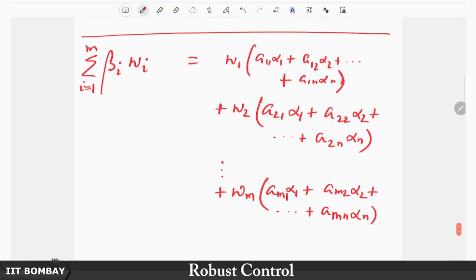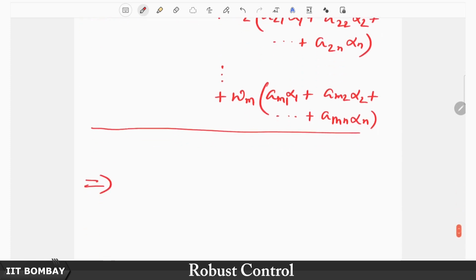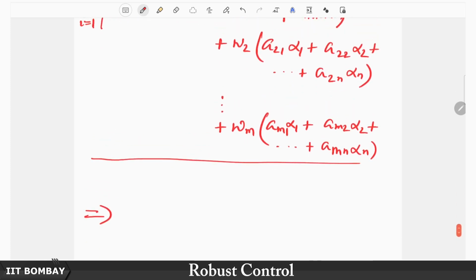And now, because this set W1 through Wm is linearly independent, I can just write from this that if I bring every term to the left hand side of this equality, then I have a linear combination of terms like W1, W2, W3 such that it yields 0. But since they are linearly independent, every coefficient must be 0.